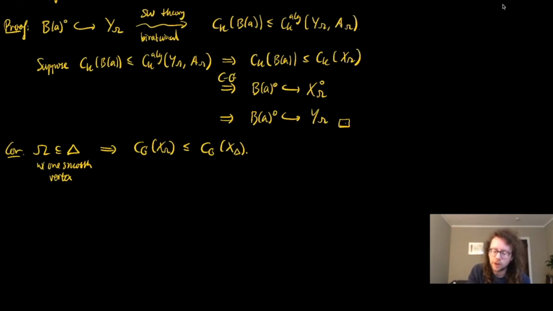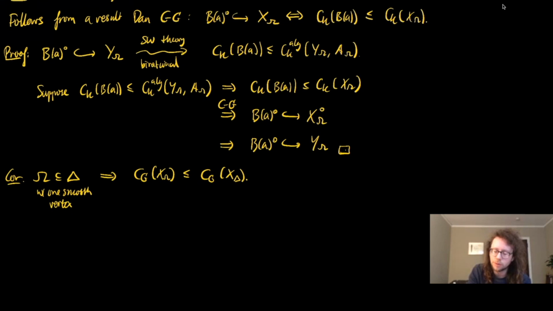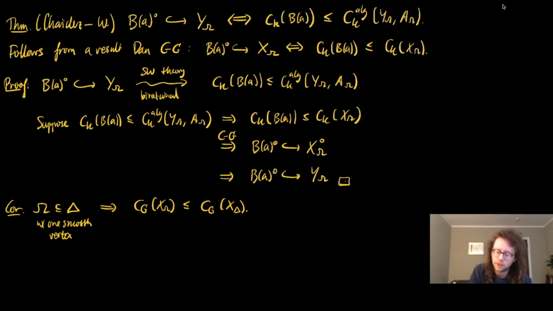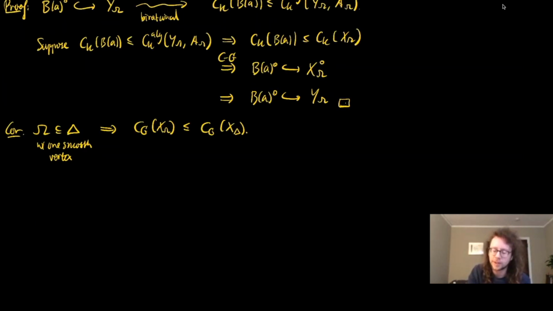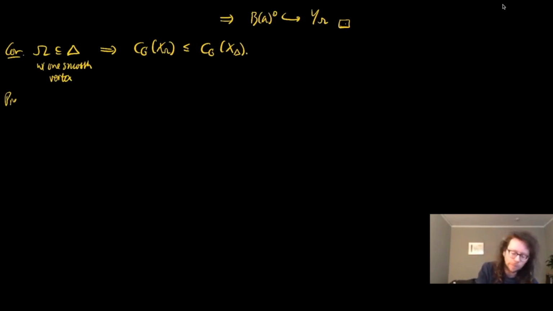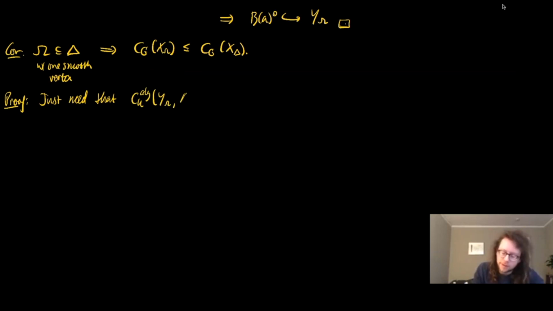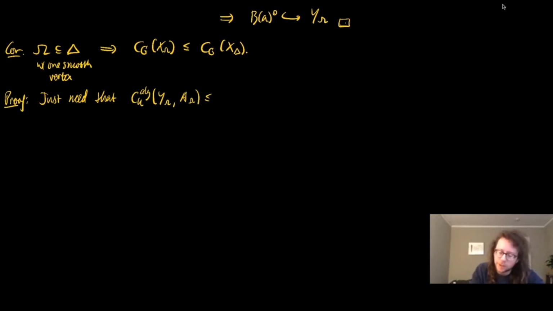And the main reason this follows is that we've seen from the previous result that all we would need to know is that the algebraic capacities are monotonic under inclusion, and actually we can guarantee this. Proof. Just need that the algebraic capacities are monotonic under inclusion of omega in delta.